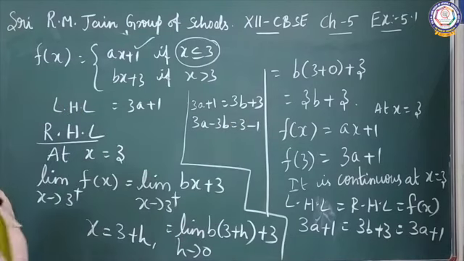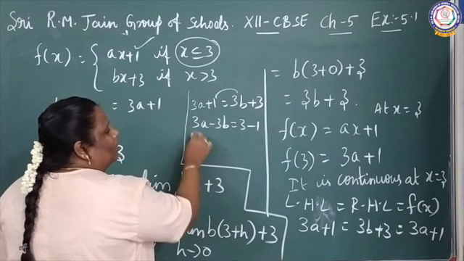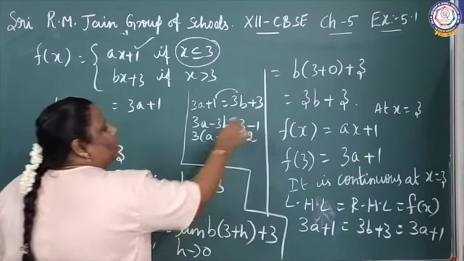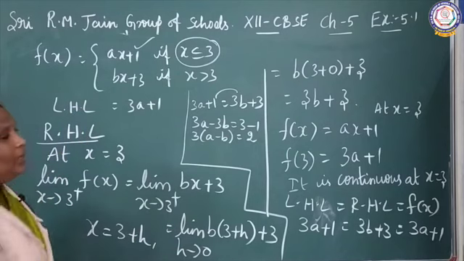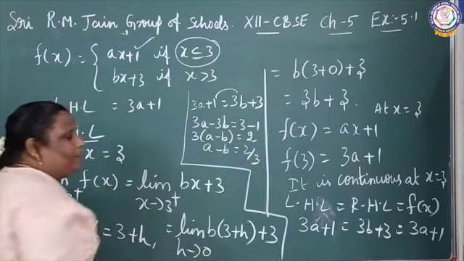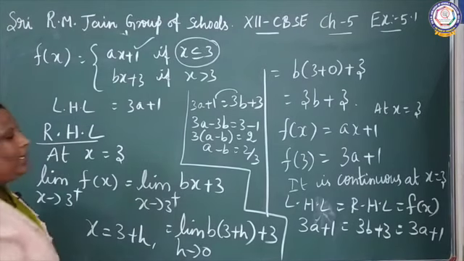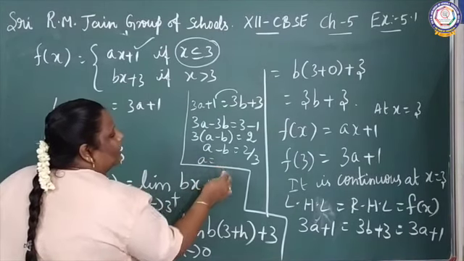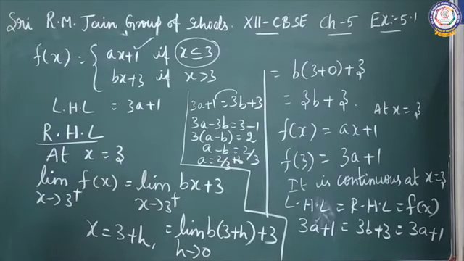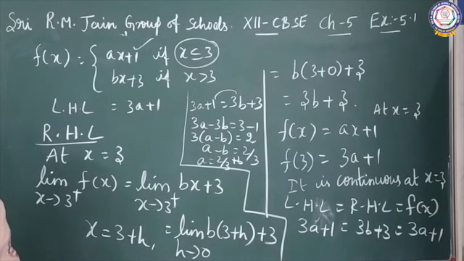Taking 3 common, 3(a minus b) equal to 2. So a minus b equal to 2 by 3. What is the value of a here? a equal to 2 by 3 plus b.